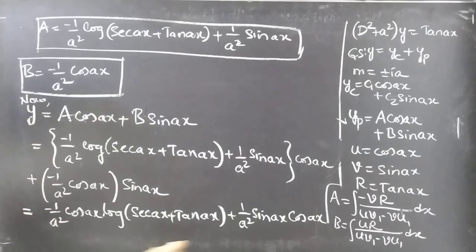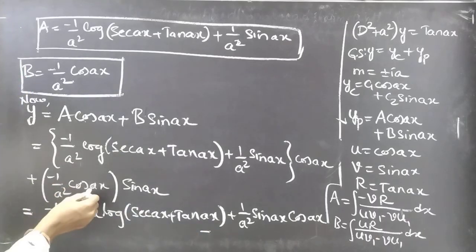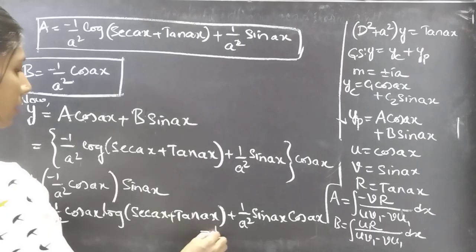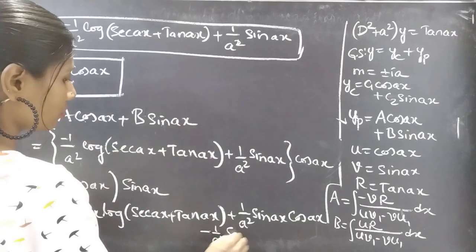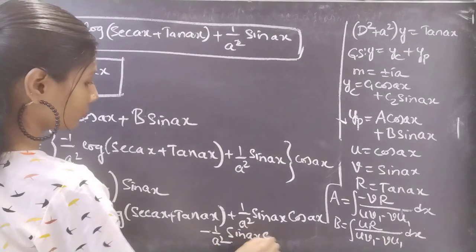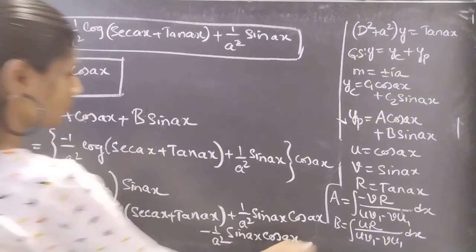plus into minus 1 by a square cos ax into sin ax is minus 1 by a square sin ax into cos ax, right?